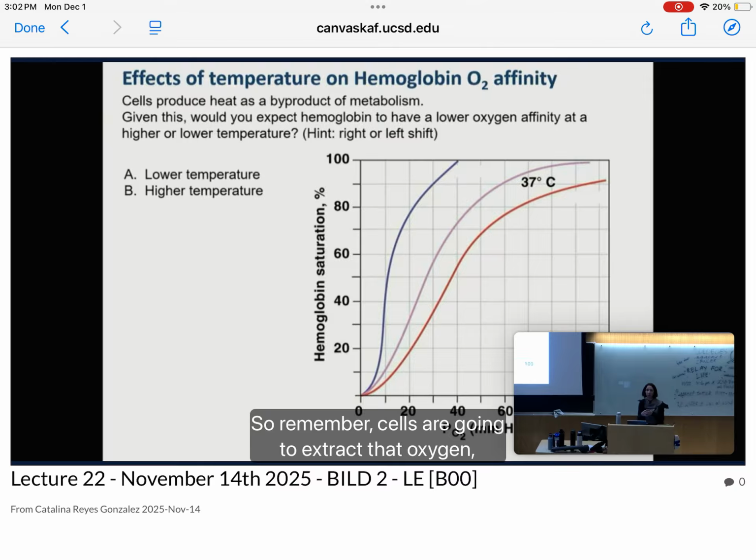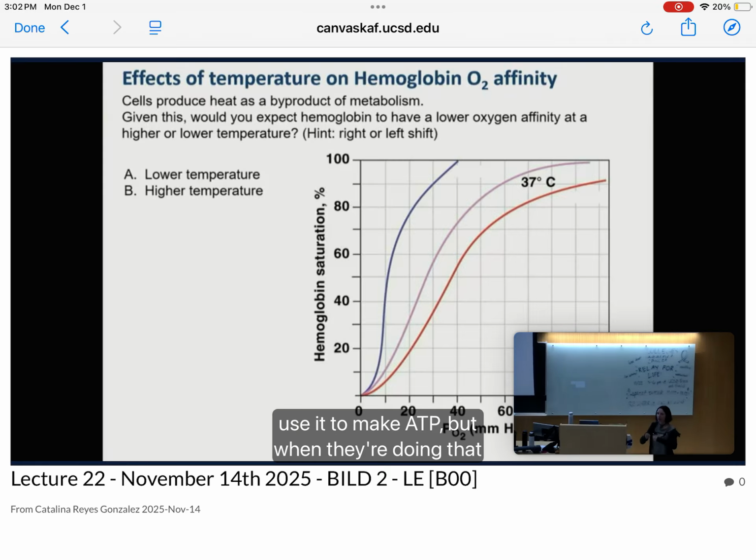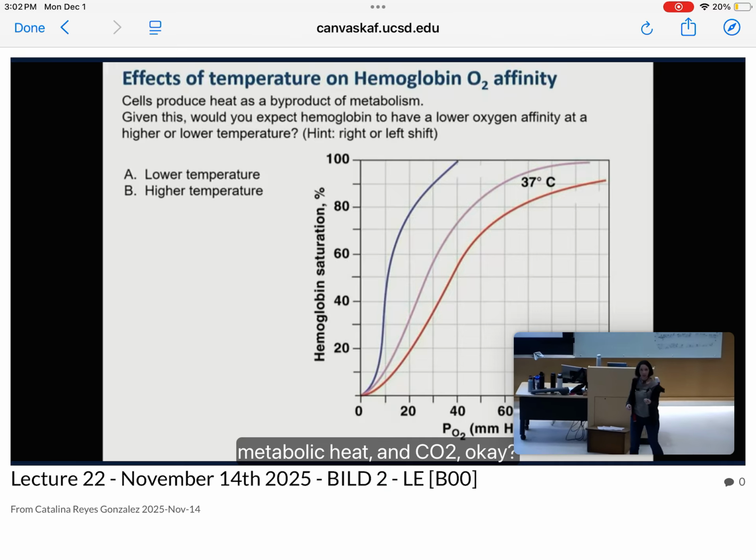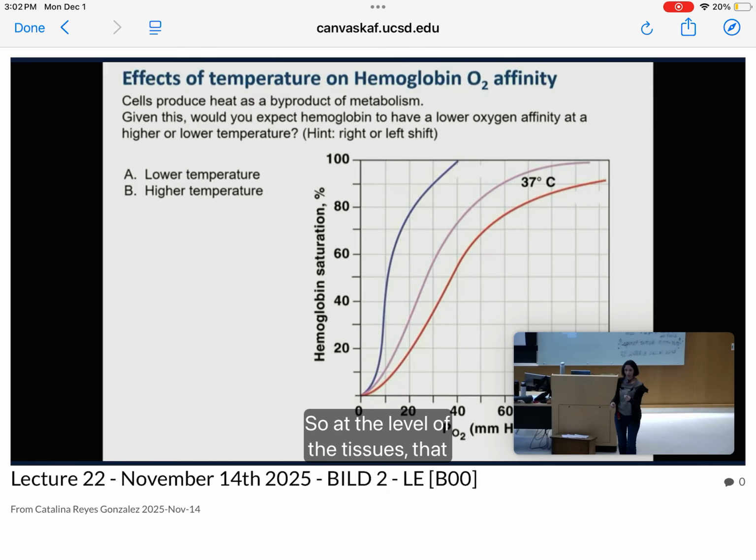So remember, cells are going to extract that oxygen, use it to make ATP, but when they're doing that aerobic metabolism, they produce metabolic water, metabolic heat, and CO2, okay? So at the level of the tissues, that venous blood is going to have high CO2. It's going to be acidotic because we already know that too much CO2 reacts with water with the help of carbonic anhydrase that converts into carbonic acid.